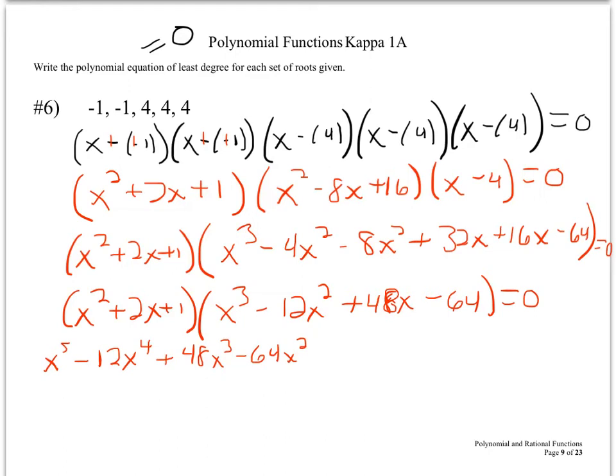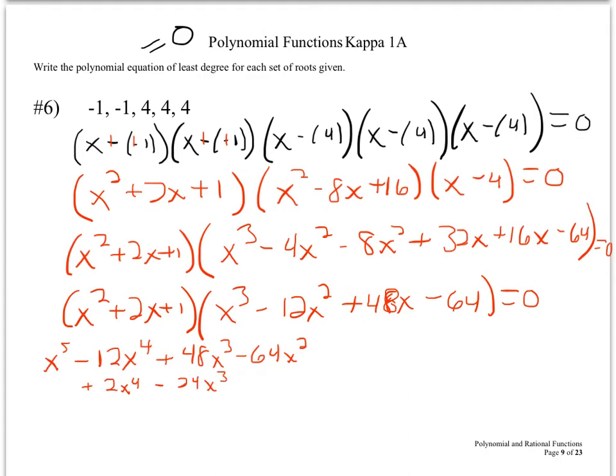And I'm going to multiply this 2x times each of these terms. When I do this, I'm going to do it in such a way that I'm lining up like terms above each other, so it's easier to combine like terms. 2x times x cubed is 2x to the 4th, positive. I write that underneath if it's a like term. 2x times negative 12x squared would be a negative 24x cubed.